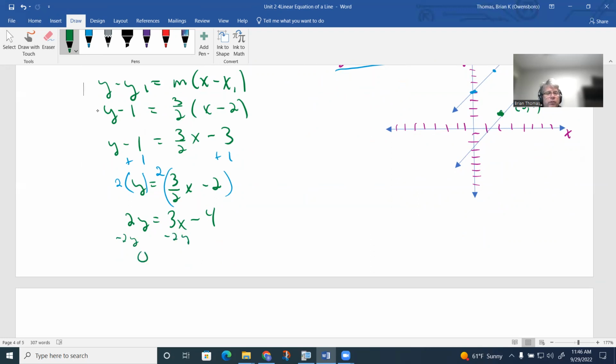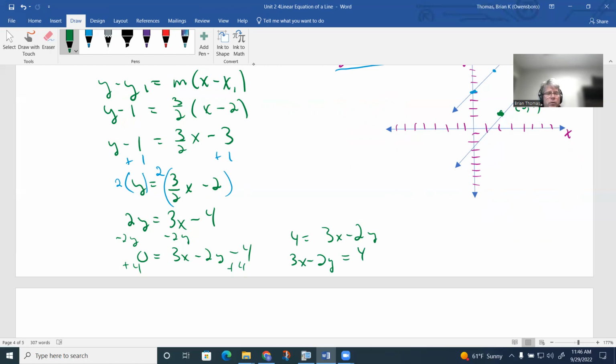That gives 0 equals 3x minus 2y minus 4. I also want to add the 4 to both sides, so 4 equals 3x minus 2y. If I switch that around, I can write 3x minus 2y equals 4. That would be our standard form.